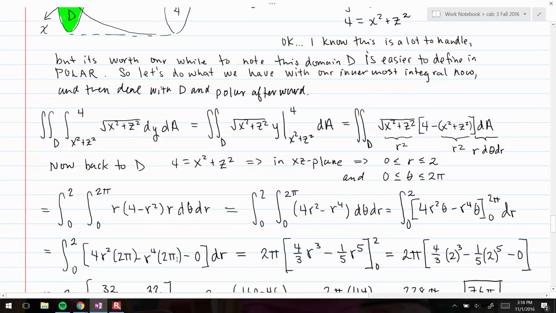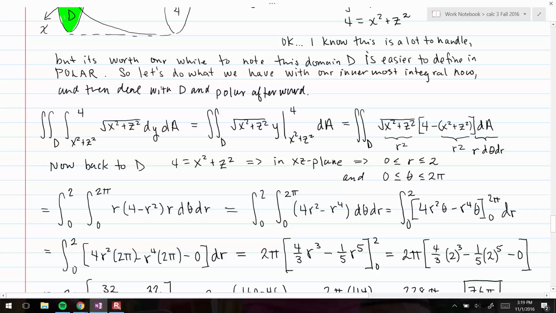Different ways to do this integration. You could set this up in terms of two integrals and do the d theta one times the one in terms of r. Here I just decided to keep it all together and just do the d theta first. The integral of something with respect to theta, with r being held fixed, is just going to be times theta when we integrate.